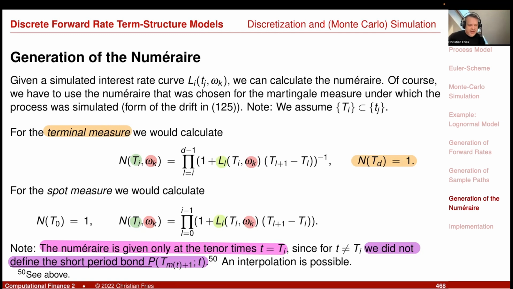For the spot measure, I have an initial condition. So we start with 1 unit of currency, and we always invest using the forward rate over the period to the next time step. Note a slight difference. Here we observe the numeraire in TI, and it means I need to determine the value of this zero coupon bond that is 1 at the end.